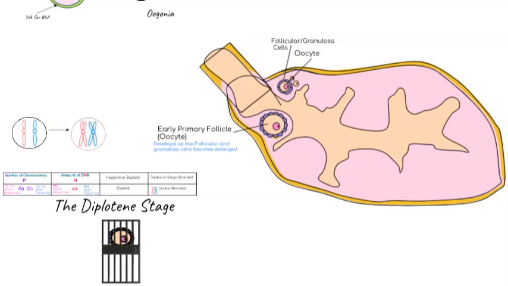So that one is just an example. All of your future eggs go through the same process at that point. And at birth, you have no more oogonia that will convert into primary oocytes. Once you're born, that's it.